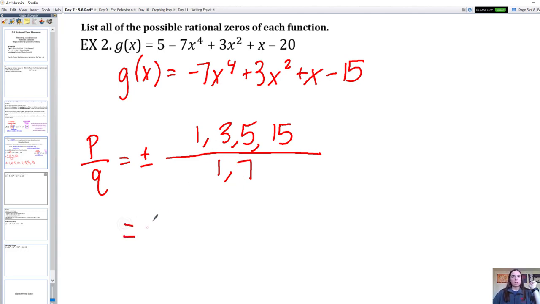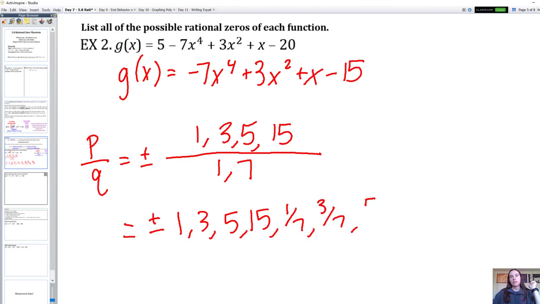So now when we simplify each one, we have 1, 3, 5, 15, 1 over 7, 3 over 7, 5 over 7, and 15 over 7. If any of these fractions could be simplified, we would definitely simplify them, but in this case they can't be. Those are all of the possible zeros of this polynomial.